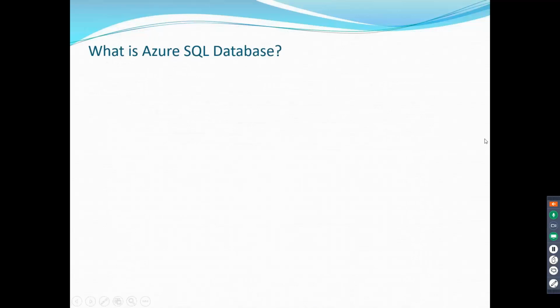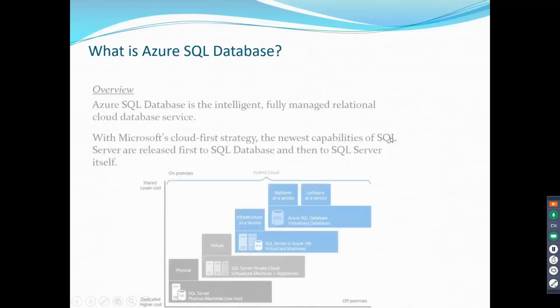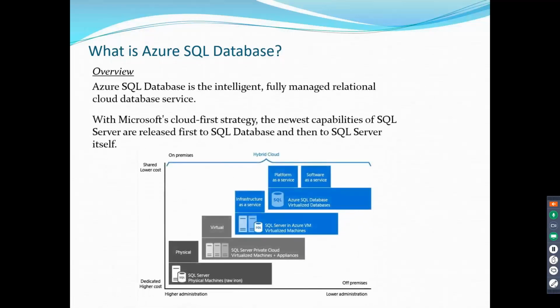So let's get to it. What is Azure SQL Database? Quite simply, it is Microsoft's intelligent, fully managed relational cloud database as a service. You'll hear that term, database as a service. Some call it DBAS, that's a shortened way, but really it's known as a platform as a service offering.